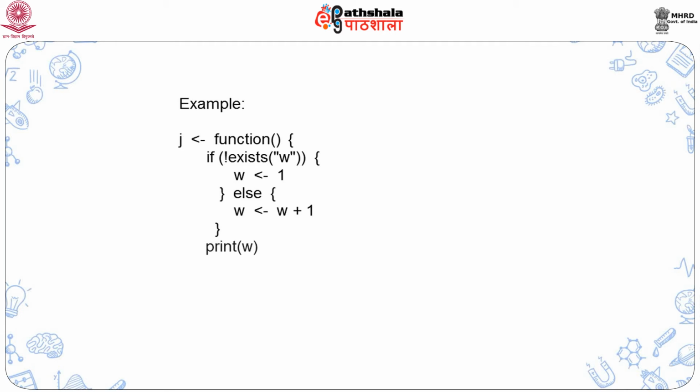So this is what our function is, and here we are wanting to have the function j. So this is what the function is saying to us. Now what does exist do here? It returns true if there is a variable of the name, otherwise it returns false. You may understand these kinds of things by now.